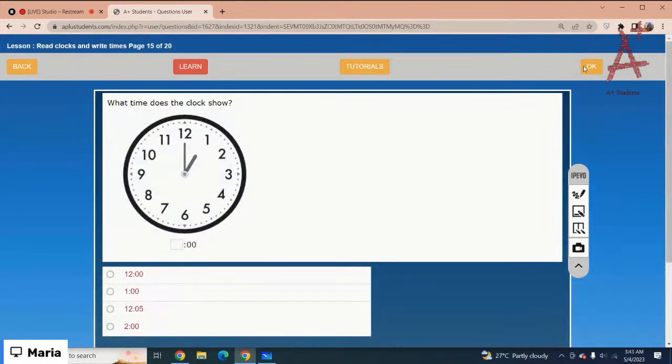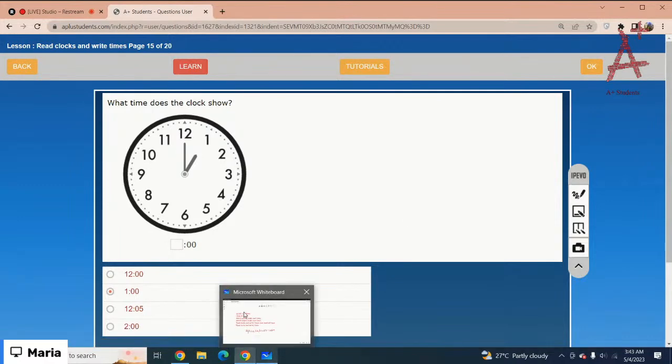What time does the clock show? It would be 1. The correct option is 1. Okay, you can complete the test by yourself later today.